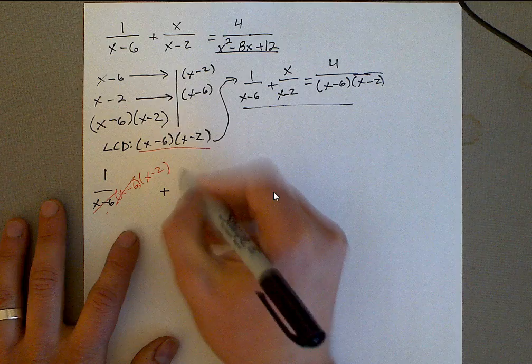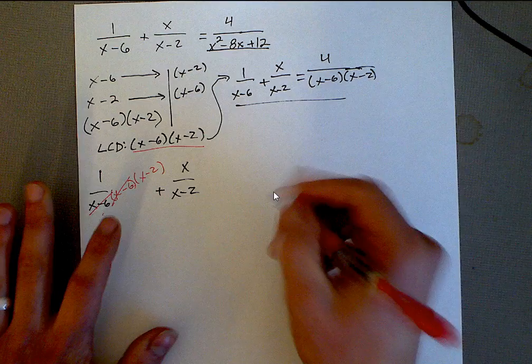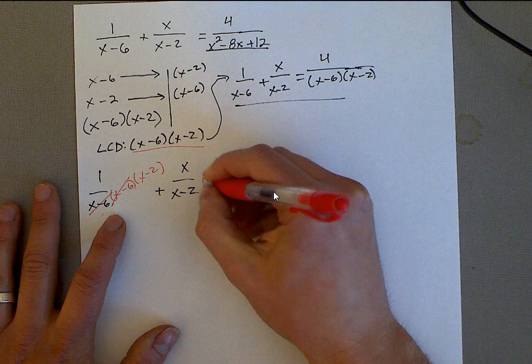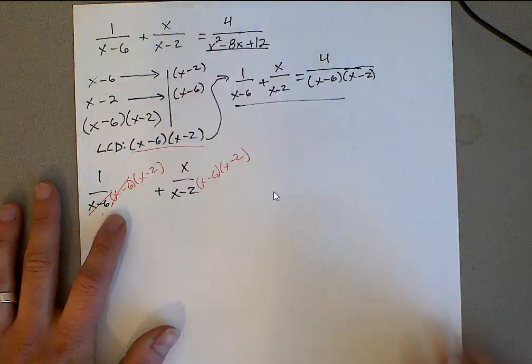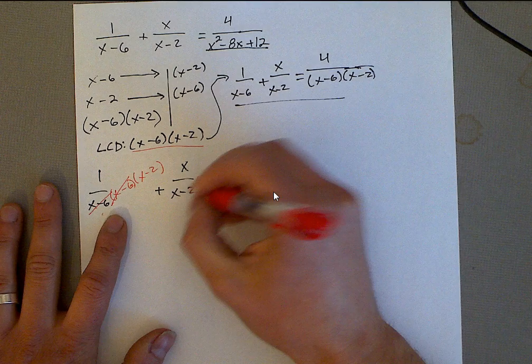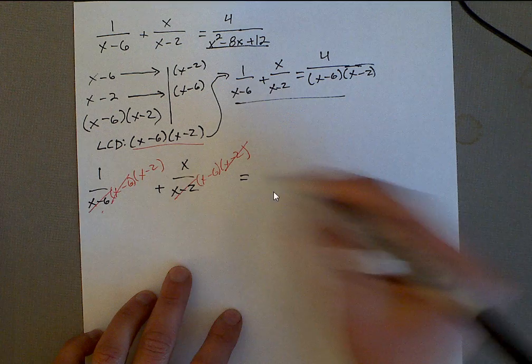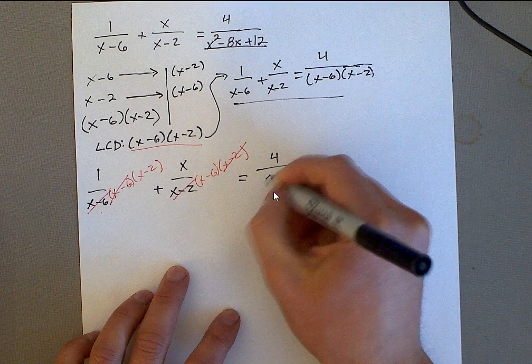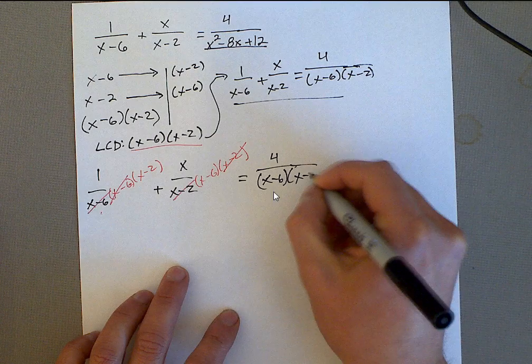Plus x over x minus 2. So again, we'll multiply that by x minus 6, x minus 2. And in this case, the x minus 2's cancel out. And then equal to 4 over x minus 6, x minus 2.